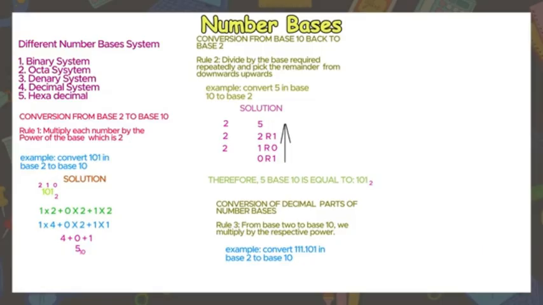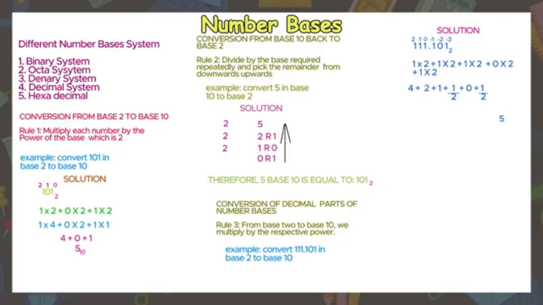This whole part will follow the normal rule. So solution: 111.101, that's 101 base 2. We follow 0, 1, 2, minus 1, minus 2, minus 3.